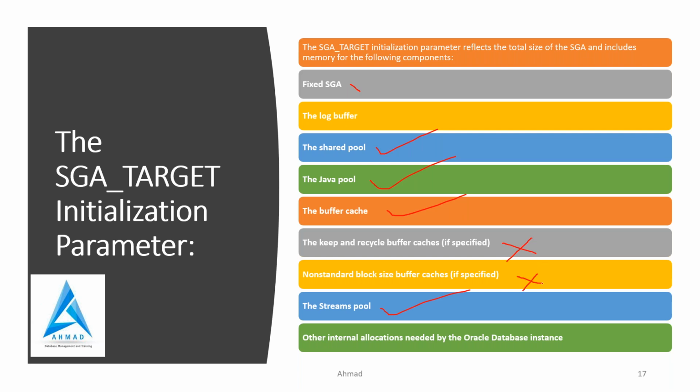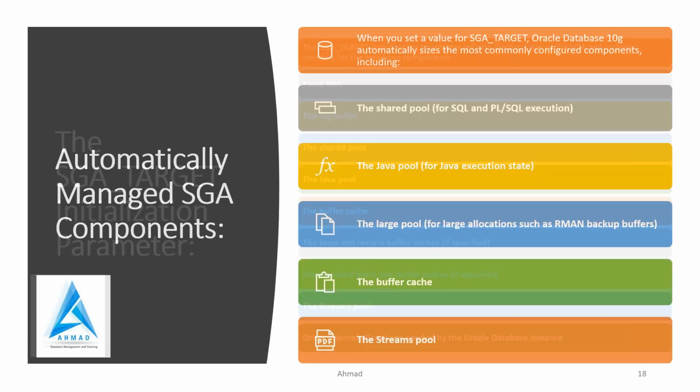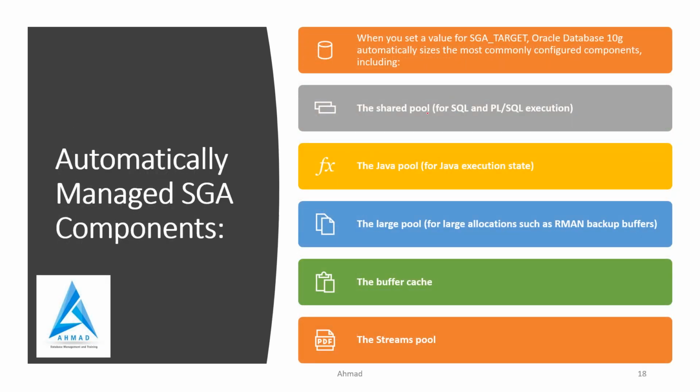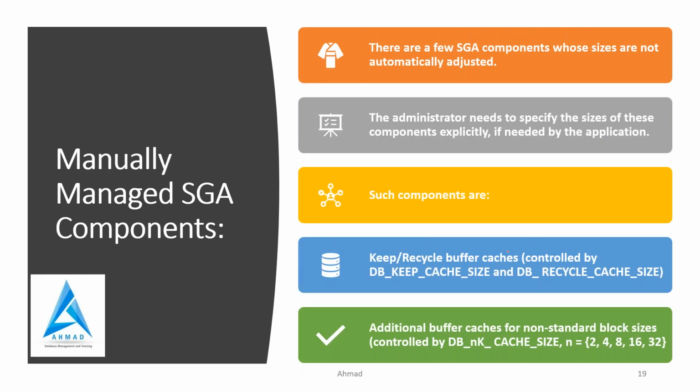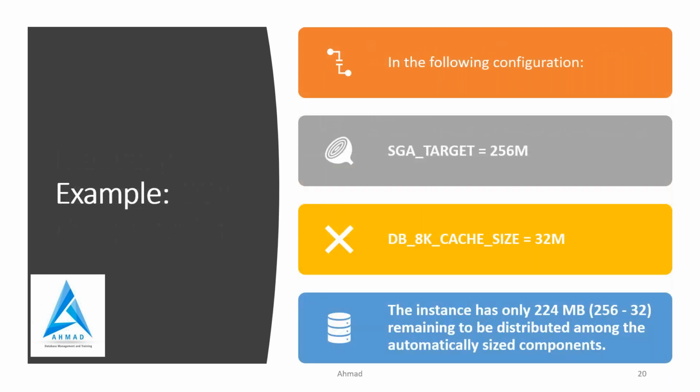It will not manage the non-standard buffer cache. It will not manage the log buffer. If you see here, the shared pool, Java pool, large pool, buffer cache, and streams pool are managed by the SGA_TARGET parameter. And as I said, the keep cache, recycle buffer cache, and non-standard buffer cache are not managed. This is the point you should remember.